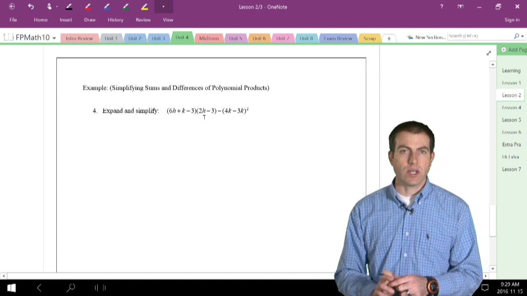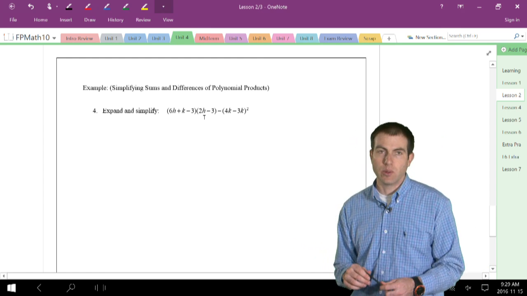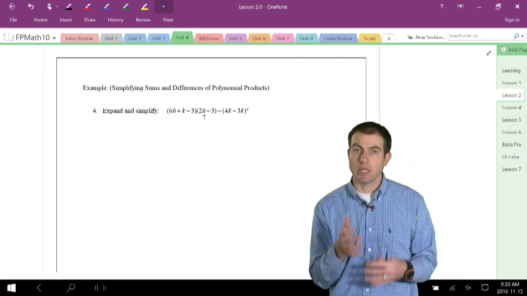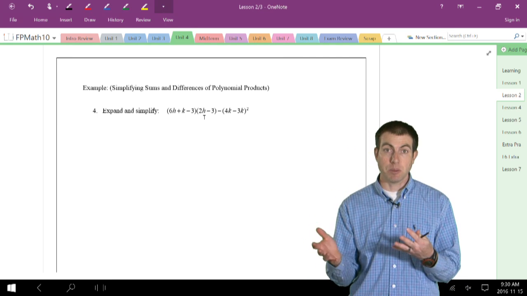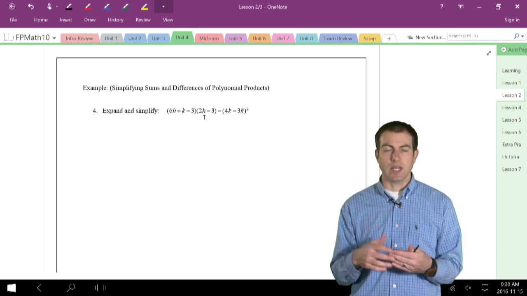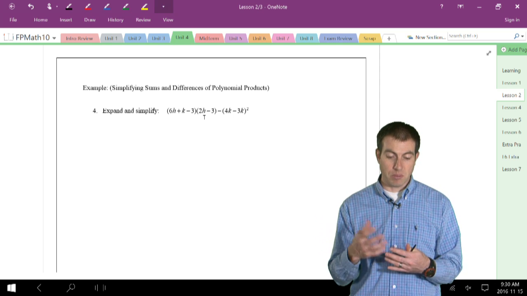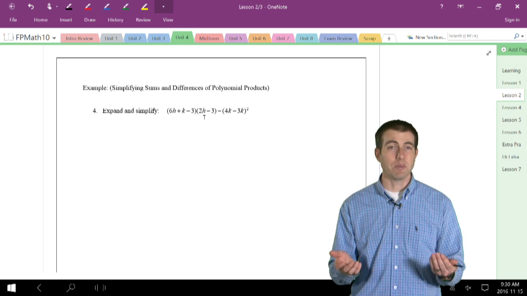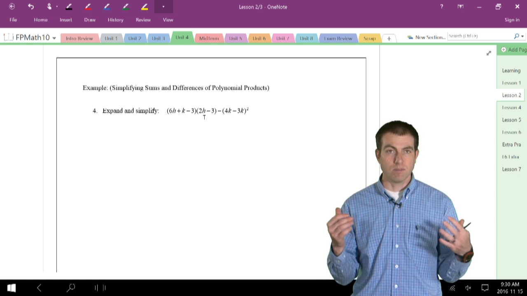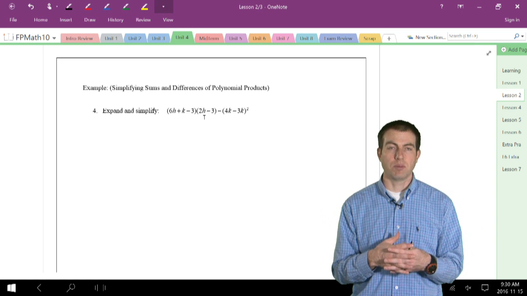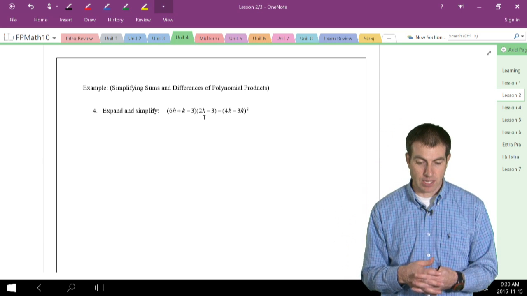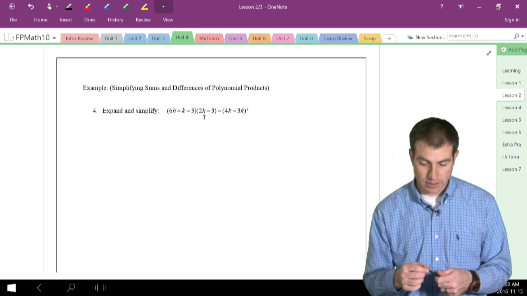So question 4 is kind of combining a couple ideas together. We have this, the distributive principle where we multiply each term in the brackets by each term in the next bracket. And then we have this distributive principle again with the minus sign. We have a squared in here. What does that mean? We're just going to mix a bunch of stuff together that you probably could do on their own, and then we'll see how we can combine these like terms at the end.